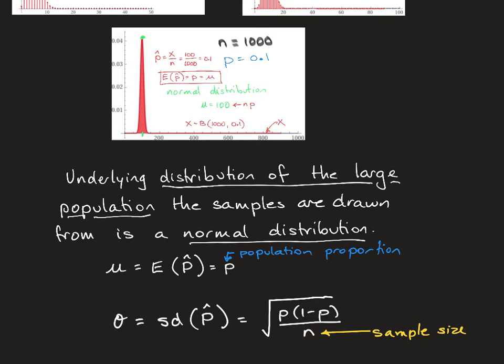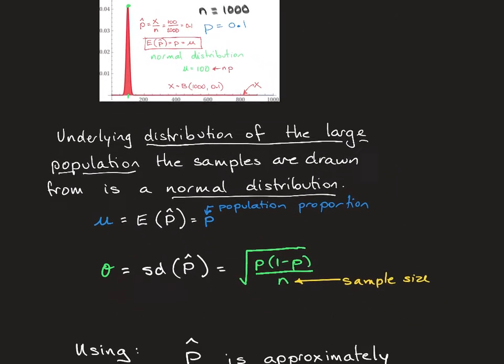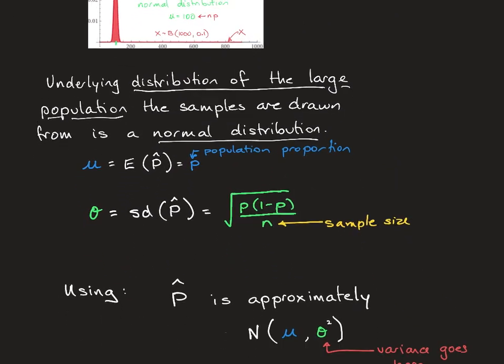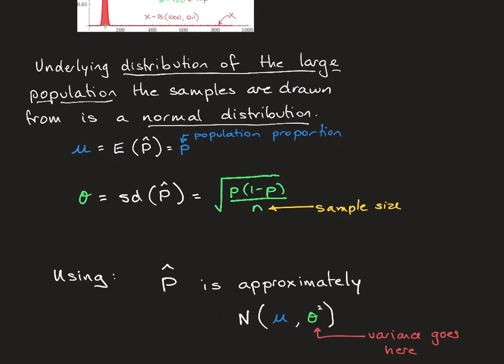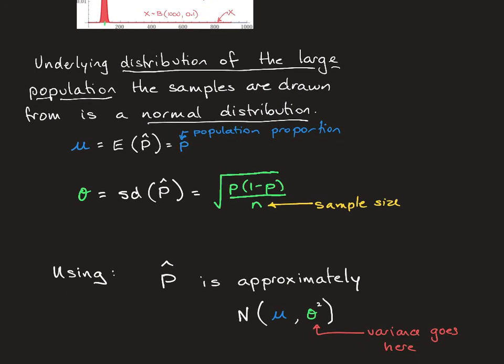So we are using exactly the expected value for the proportion as our mean for this normal distribution, and exactly the formula for the standard deviation of p hat as our standard deviation for our normal. And so this allows us to use a normal approximation for p hat.